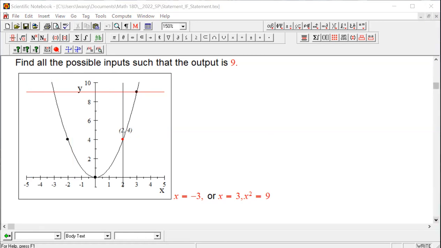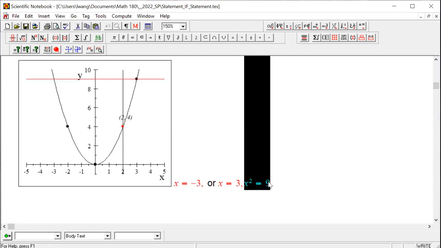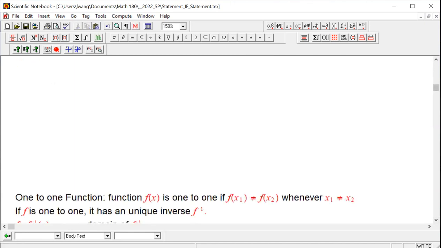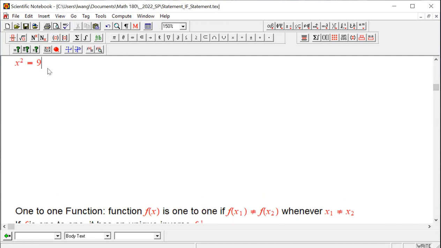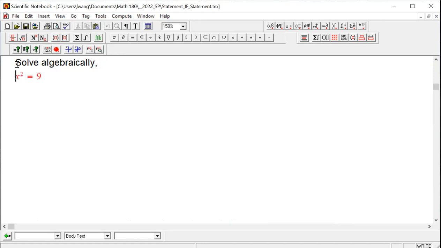Okay, so algebraically, how do we solve this equation? Solve algebraically.